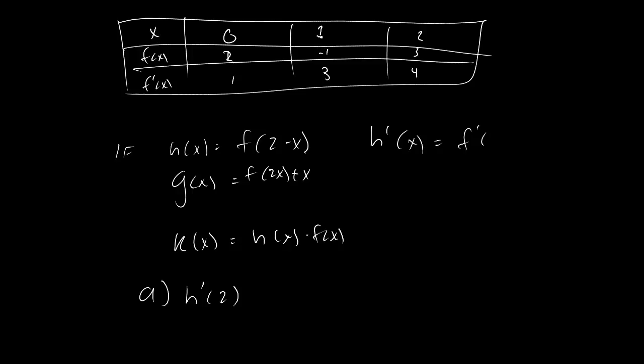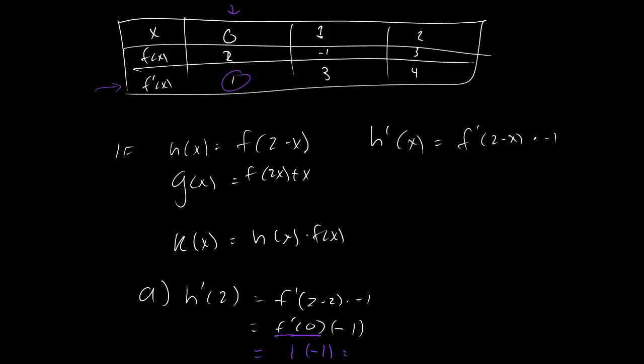So that's going to be f prime of my outside times the derivative of my inside, which is -1. So I'm just going to plug 2 into here, so I'm going to get f prime of 2 minus 2 times -1, which is f prime of 0 times -1. So I come up here, and I find my f prime column, and I find my 0 column, and I want to find f prime of 0, which happens to be 1. So I would get 1 times -1, which equals -1.